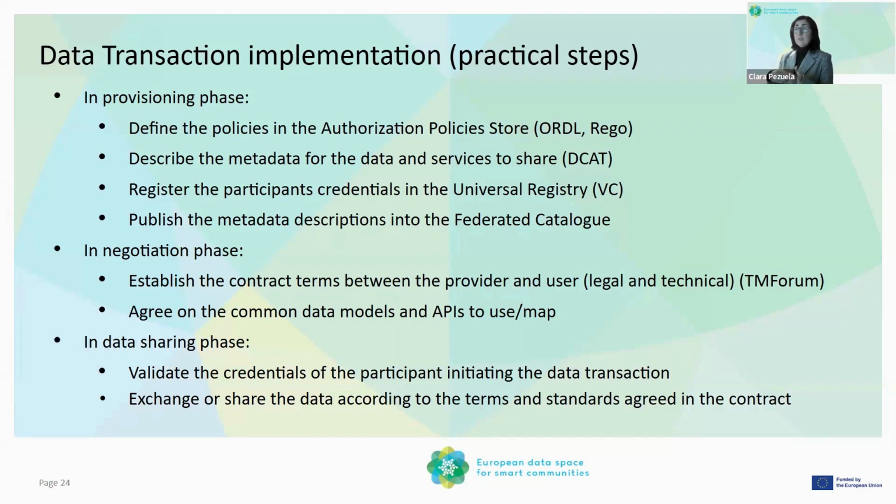You have to describe the metadata for the data and services to be shared in the catalog by using DCAT, recommended. Then register the participants' credentials in the Universal Registry relying on verifiable credentials, and publish the metadata descriptions into the catalog at your data space or into the Federated catalog at the European data space.